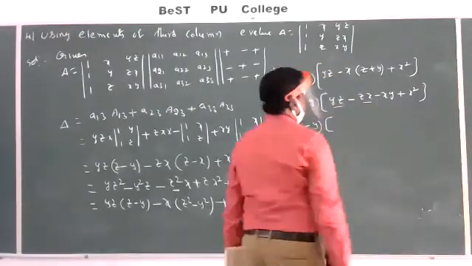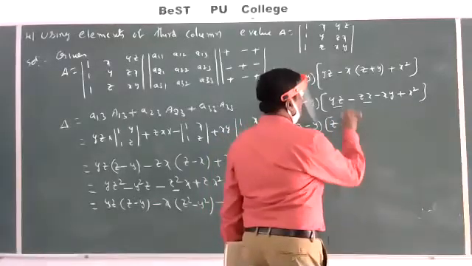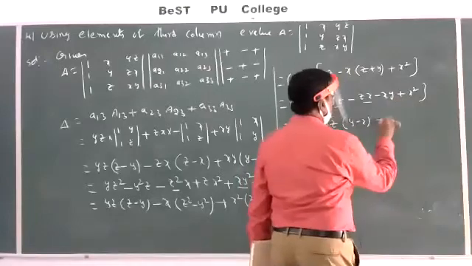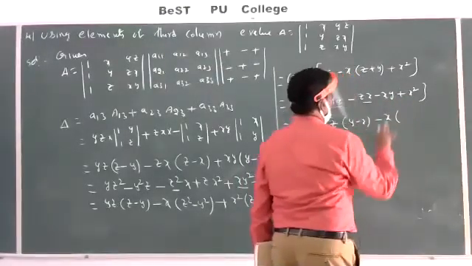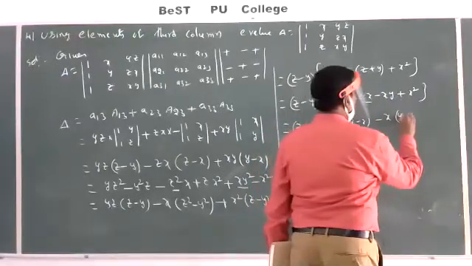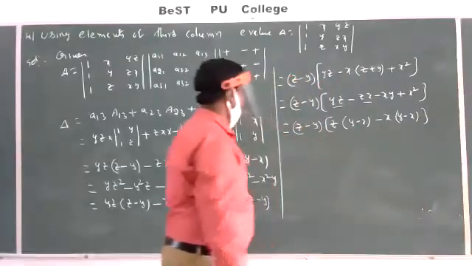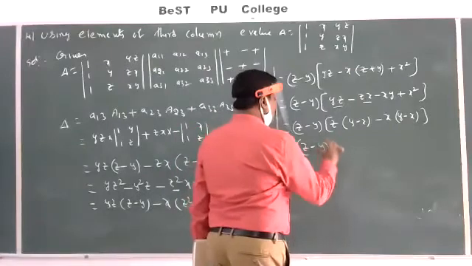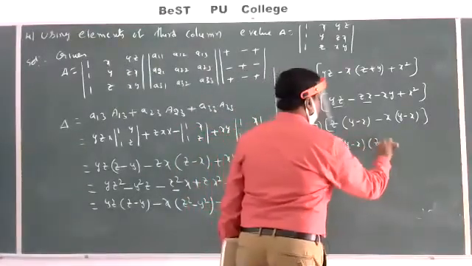From these two terms, if you take z common, it is y minus x. From these two terms, minus x is common, then it is y minus x. Then it is (z minus y) times (y minus x) common, then (z minus x).